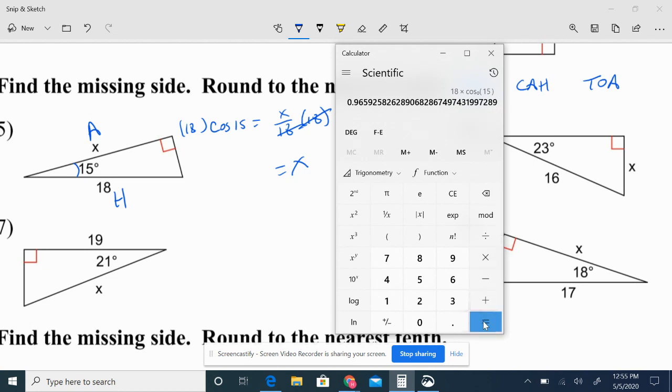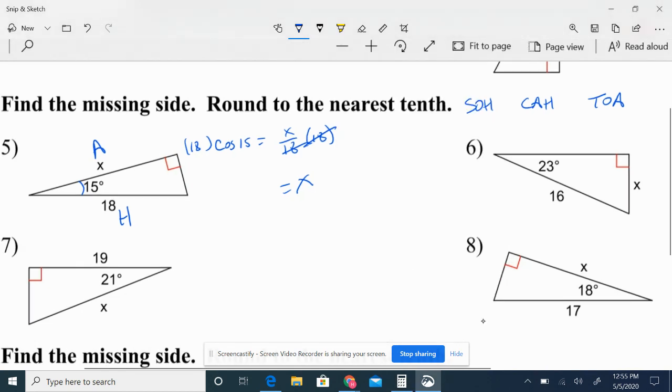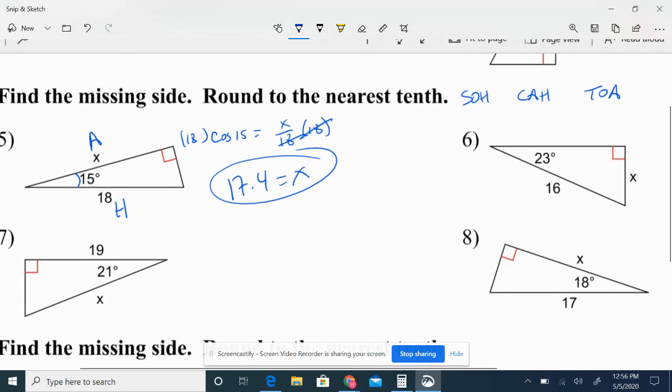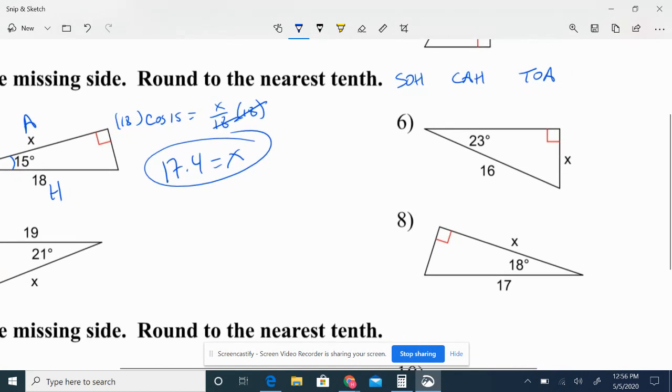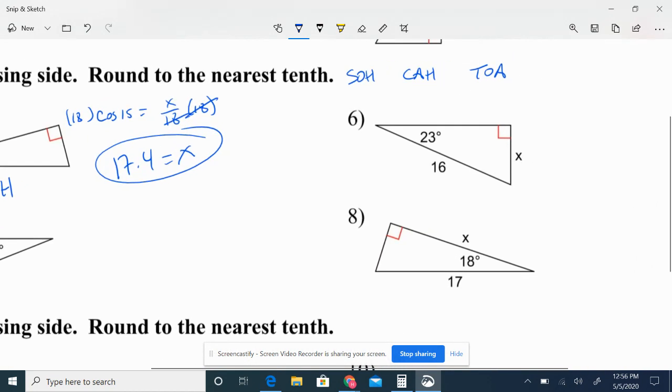So don't forget the equal sign. I'm going to run it to one decimal place. So I'm going to call this 17.4. I expected my number to be less than 18 since my hypotenuse, the biggest side, is 18. 17.4 sounds about right.